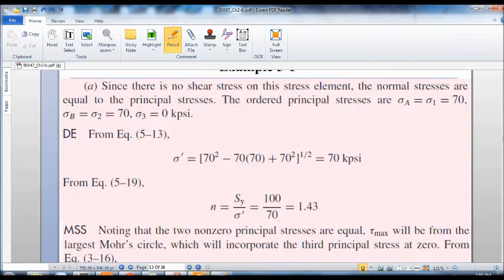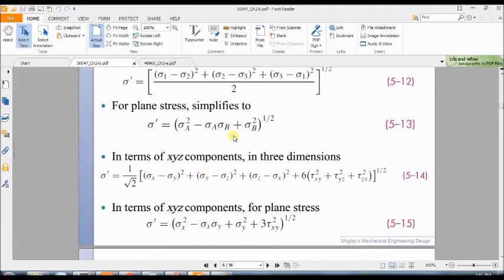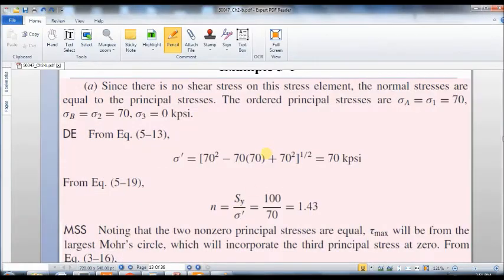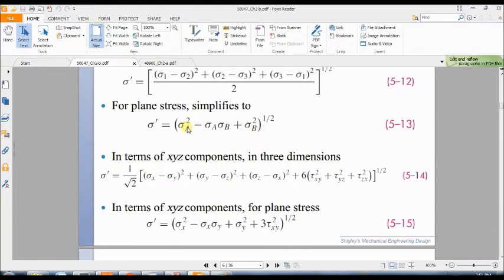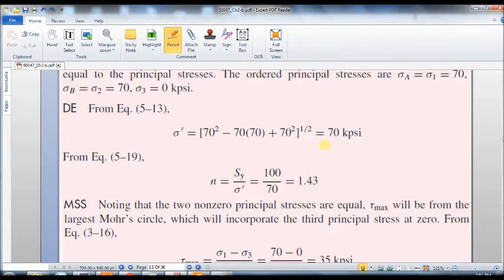So let's refer to our problem. Here, the principal stresses sigma A and sigma B are already given, so we don't need to use Mohr's circle, and we can use this equation. I will substitute into it: sigma A squared minus sigma A times sigma B plus sigma B squared, and find the effective stress.